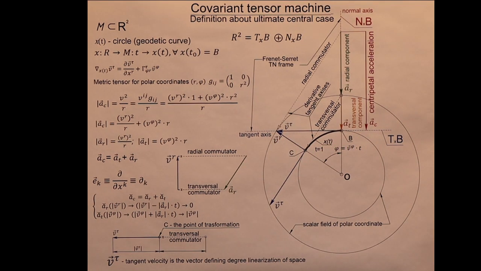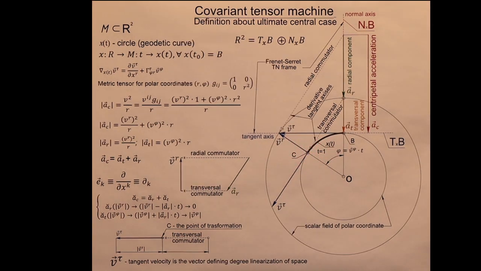At this point, it is necessary to say that the radial velocity vector defines the degree of deviation from curvature. As is known, the modulus of centripetal acceleration is defined by a formula when a point is moving on a circle.